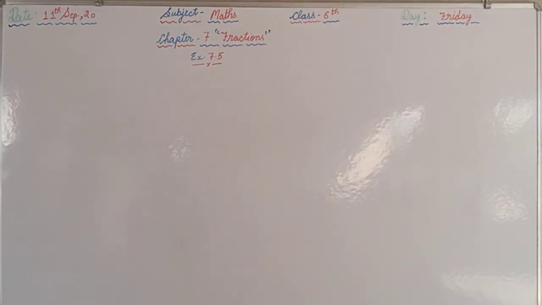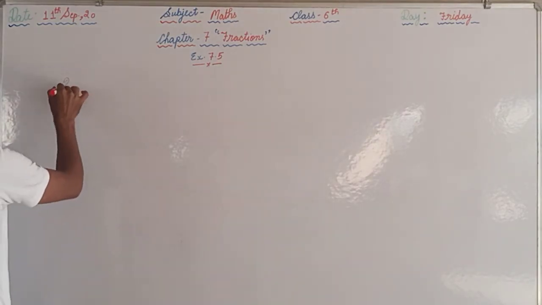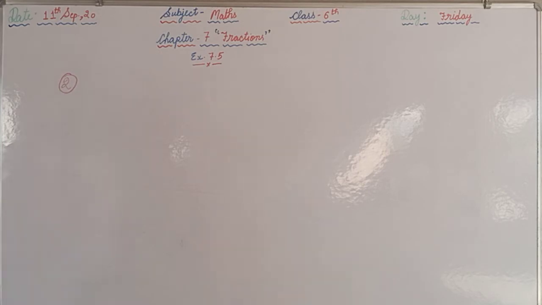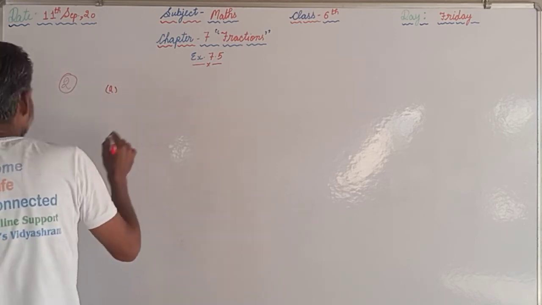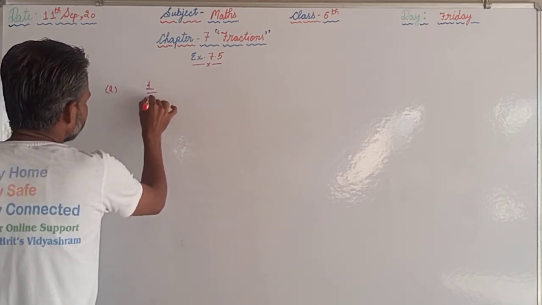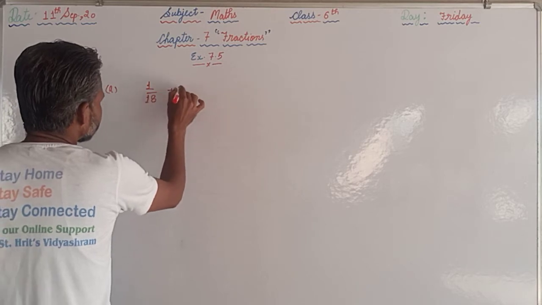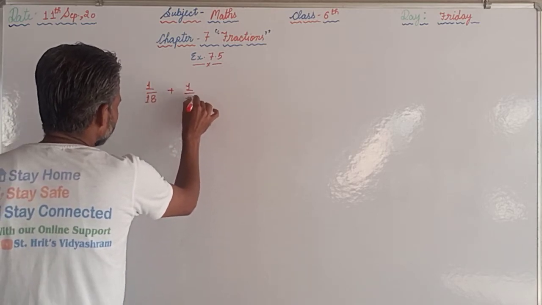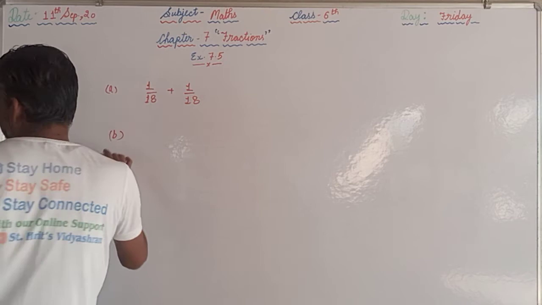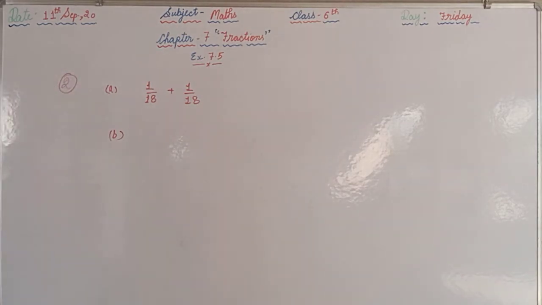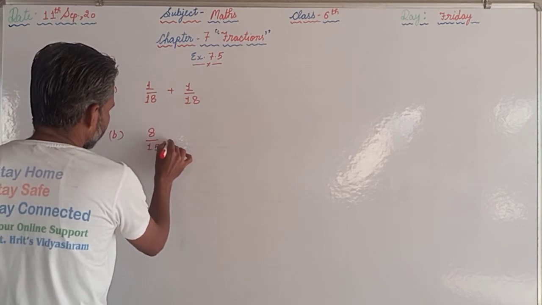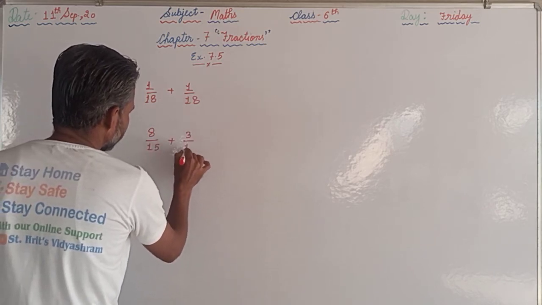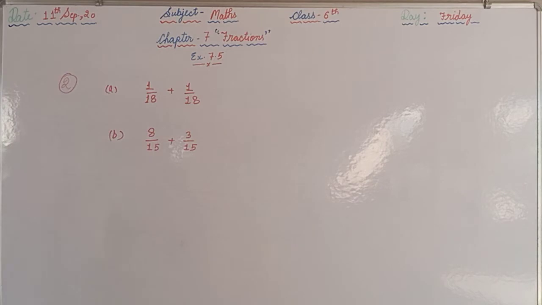And in question number 2 the like fractions are given. We are supposed to add as in question number 1, that is a part 1 upon 18 plus 1 upon 18, and in b part 8 upon 15 plus 3 upon 15.